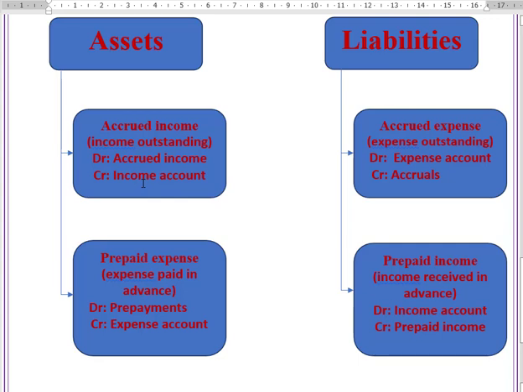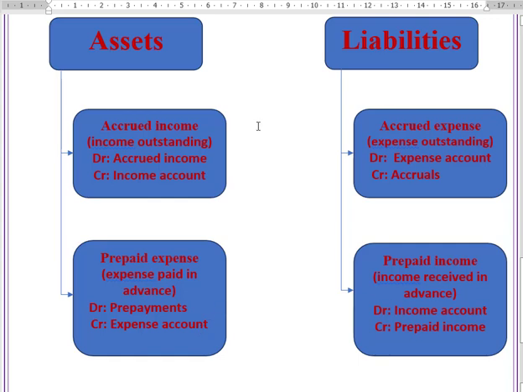Also know that prepaid expense, or prepayments, is an asset. So when you have paid for an expense in advance, you will have an asset increasing and your prepayments will be debited, and because it's an expense, you will credit the relevant expense.